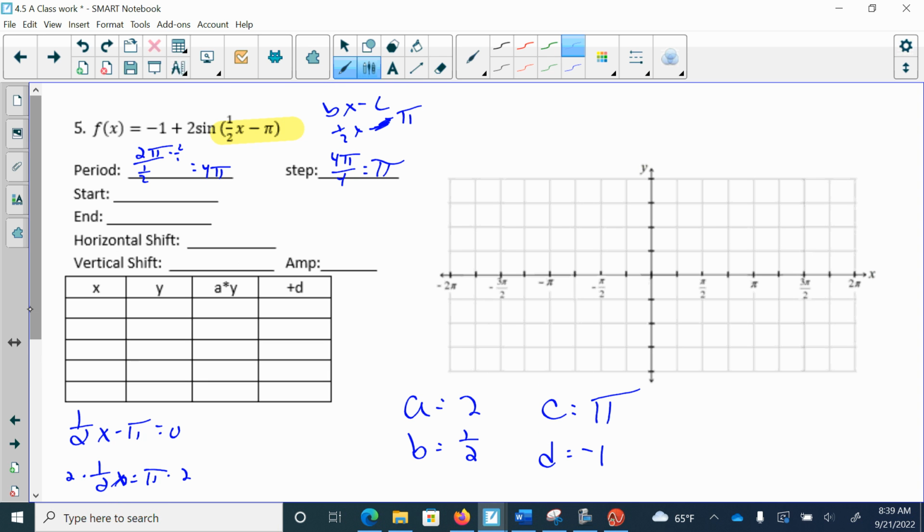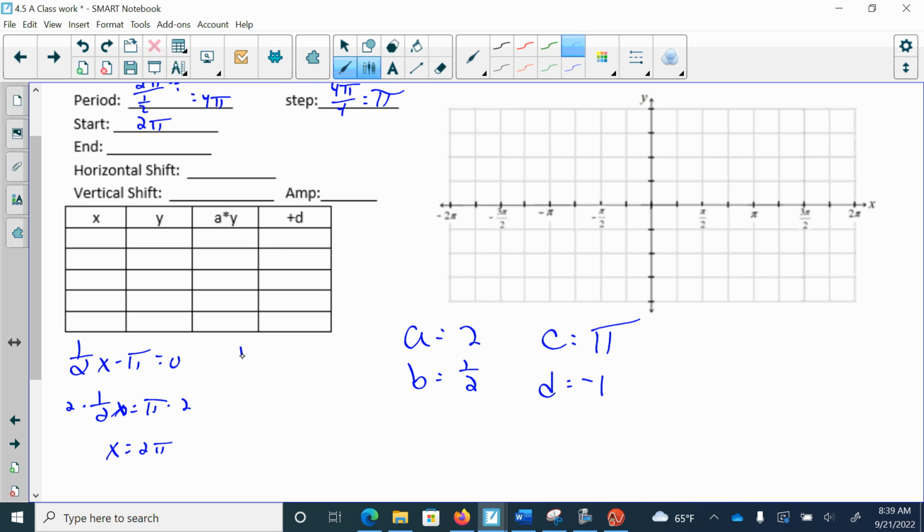So my start is 2 pi. To find my end, I'm going to take 1/2 x minus pi and set that equal to 2 pi. Here I add pi to both sides. I'm going to get 1/2 x is equal to 3 pi. Multiply both sides by 2. And I end up with x is equal to 6 pi.